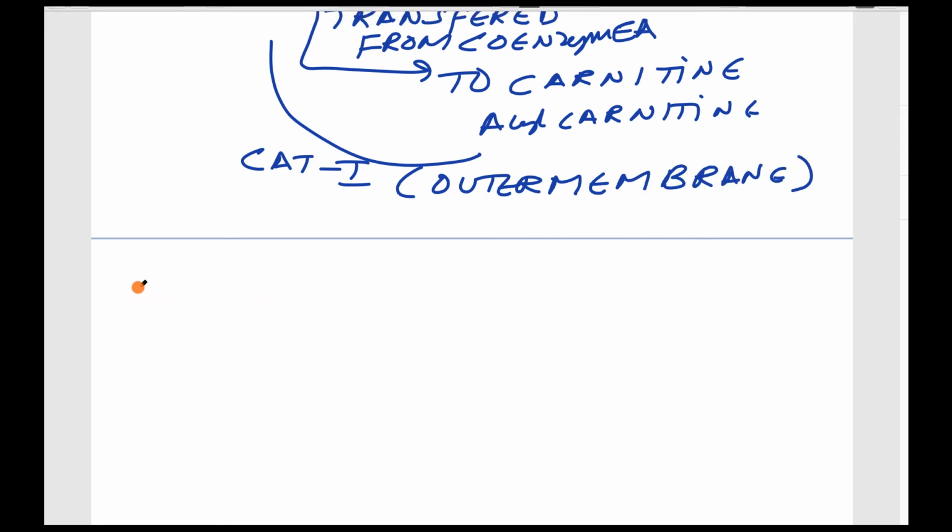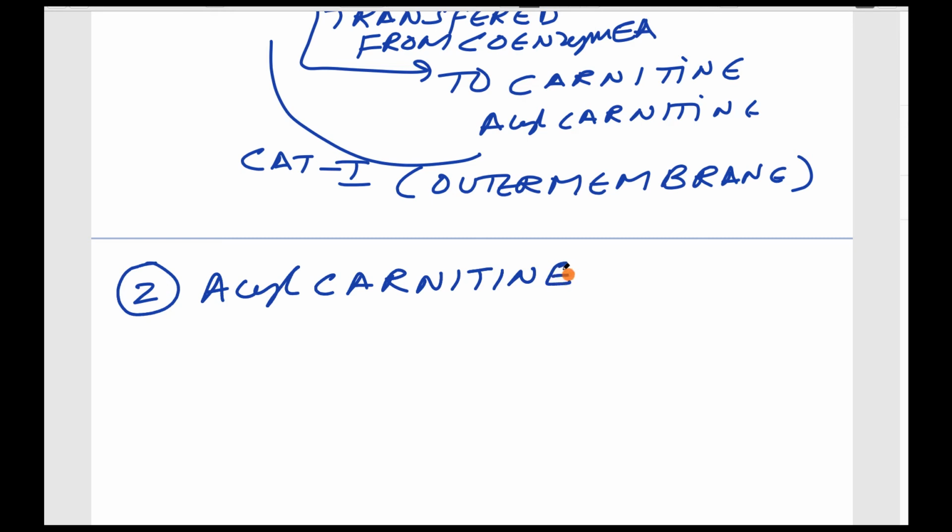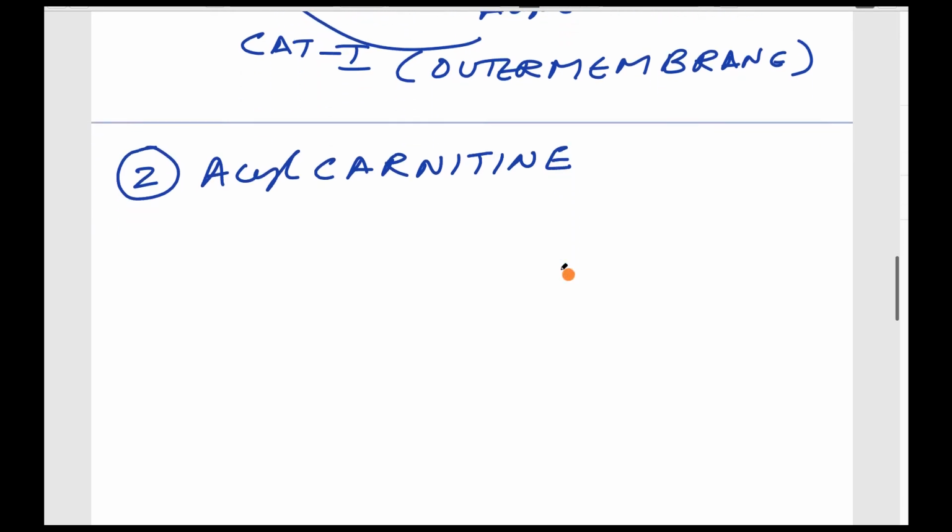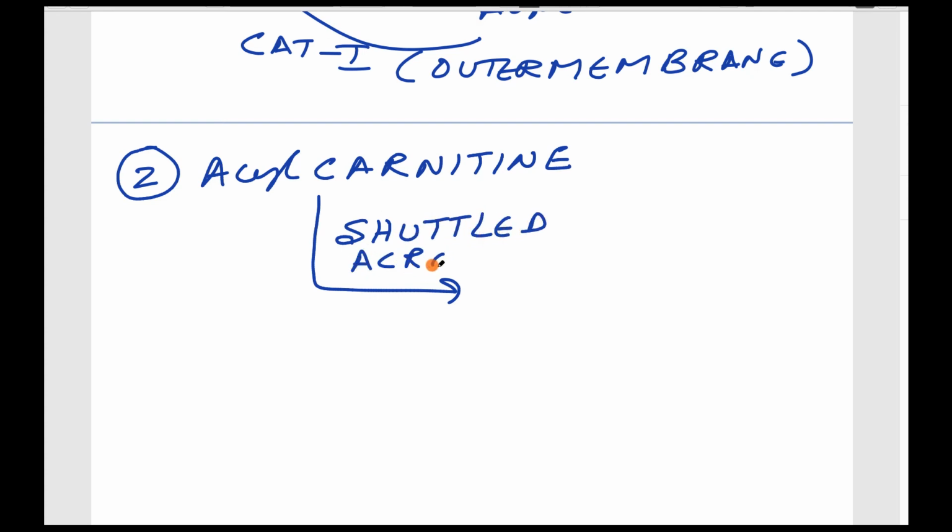The second step is about acyl carnitine. What happens to this acyl carnitine? This acyl carnitine is shuttled across the inner membrane.